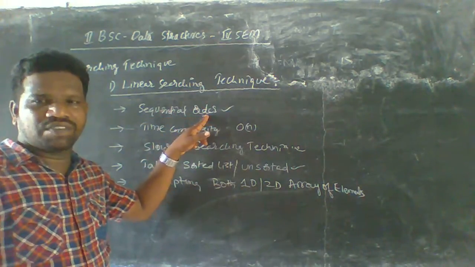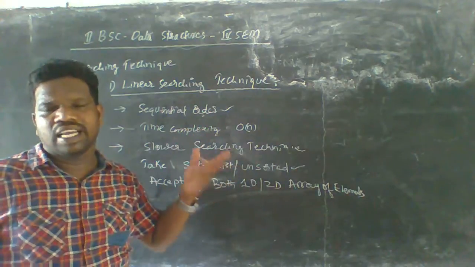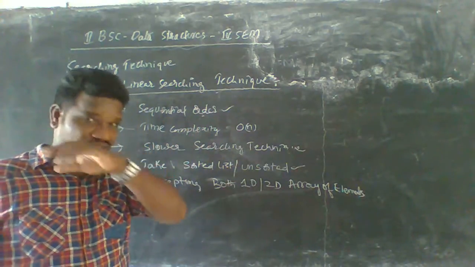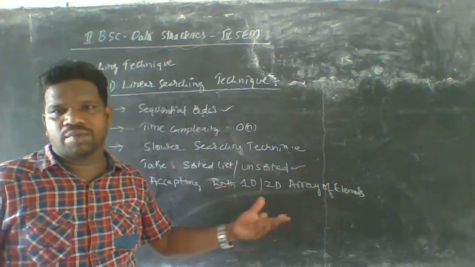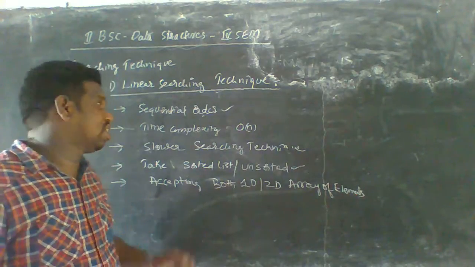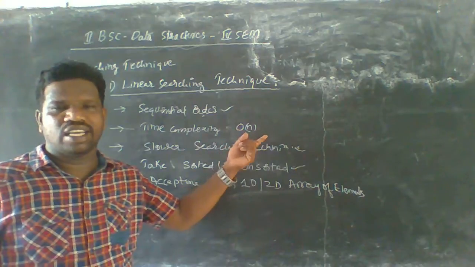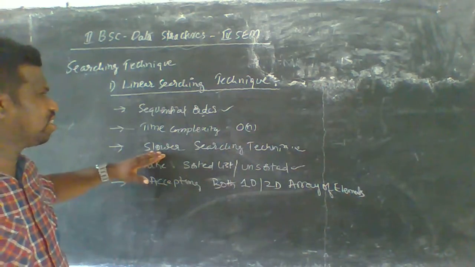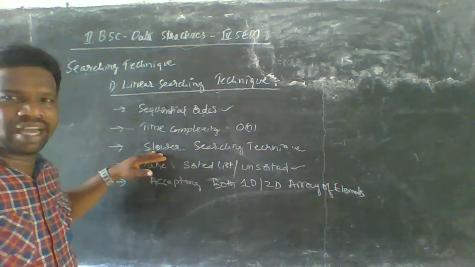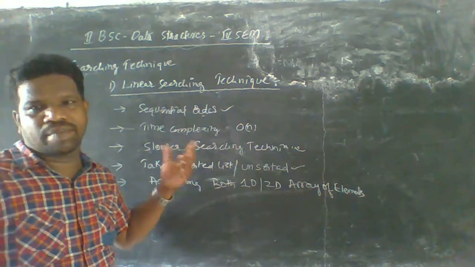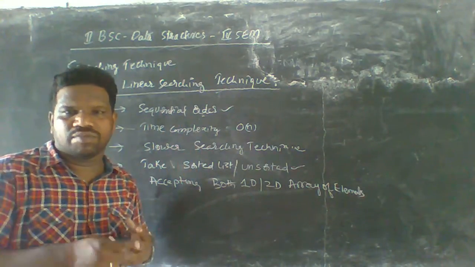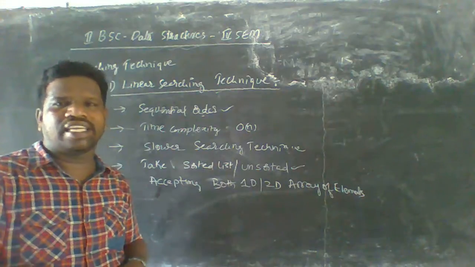It starts from index 0 and goes 1, 2, 3, 4, 5, 6 up to the end of the array. The time complexity is O(n), and it is a slower process compared to binary searching, because we have to traverse from index 0 to find the needed element.